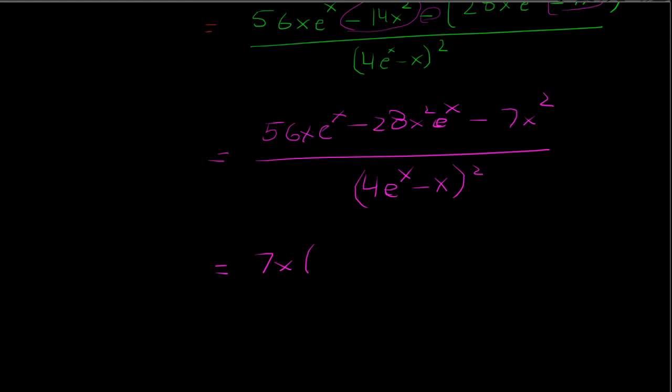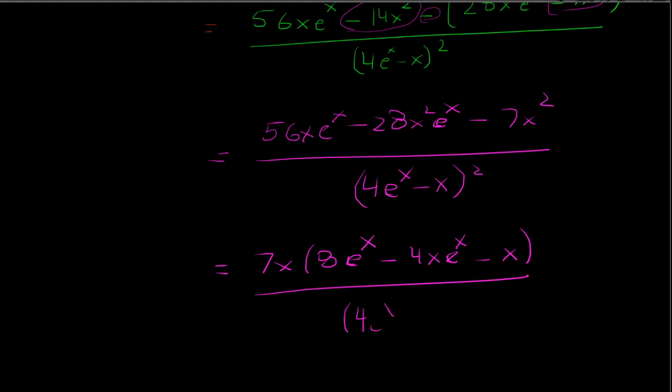So let's see, 7 times 8 is 56, and then we're going to have e to the x minus, well, 7x times 4x is 28x squared, and then we'll have e to the x, and minus x all over 4 e to the x minus x squared. And that's our derivative.